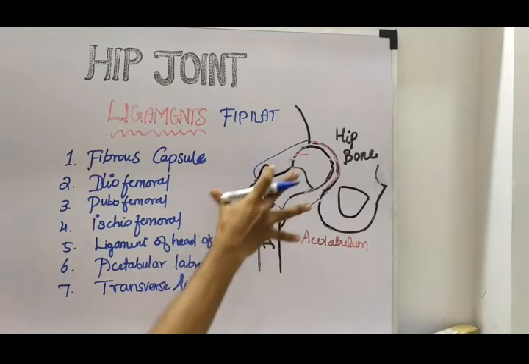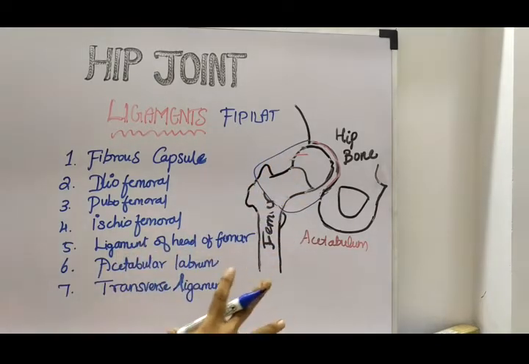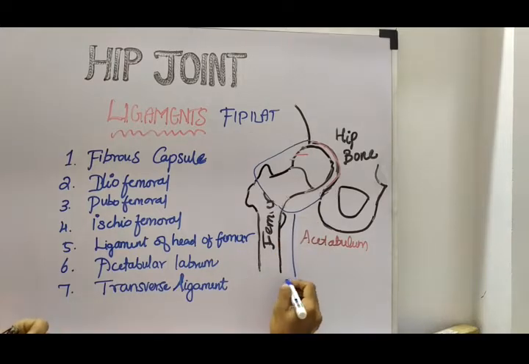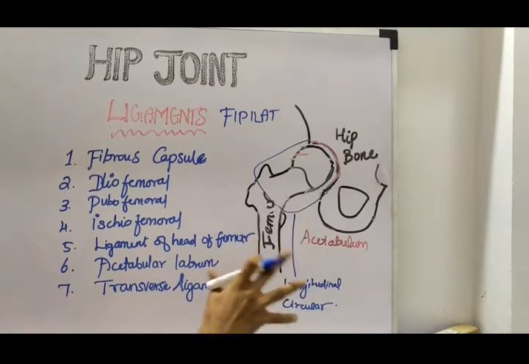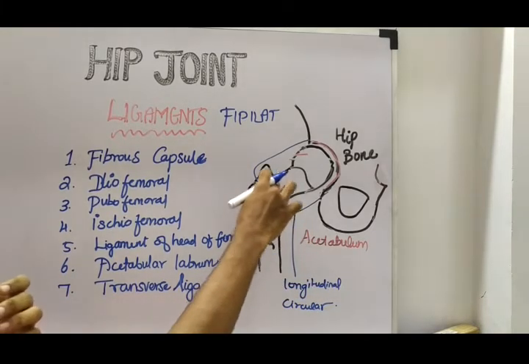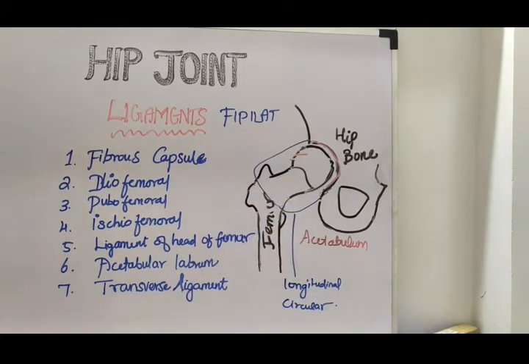This capsule is very strong anterosuperiorly, and at the back it is very loose and thin, very loosely attached. The capsule has 2 types of fibers, the longitudinal outer fibers and the circular inner fibers. The longitudinal outer fibers reflect in the neck region to form the retinacula. Retinacula means a thick band of fibers.